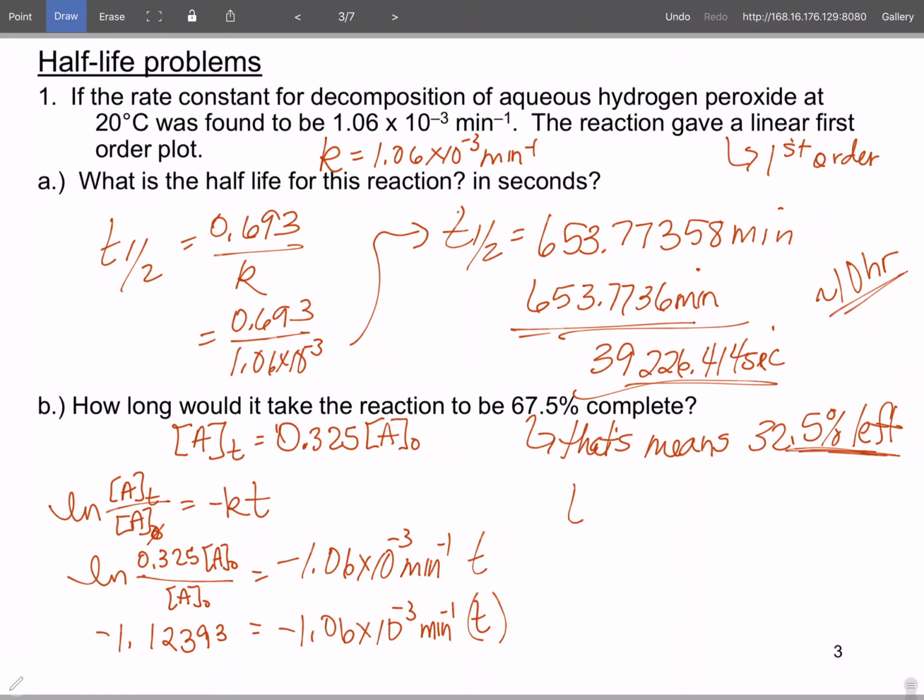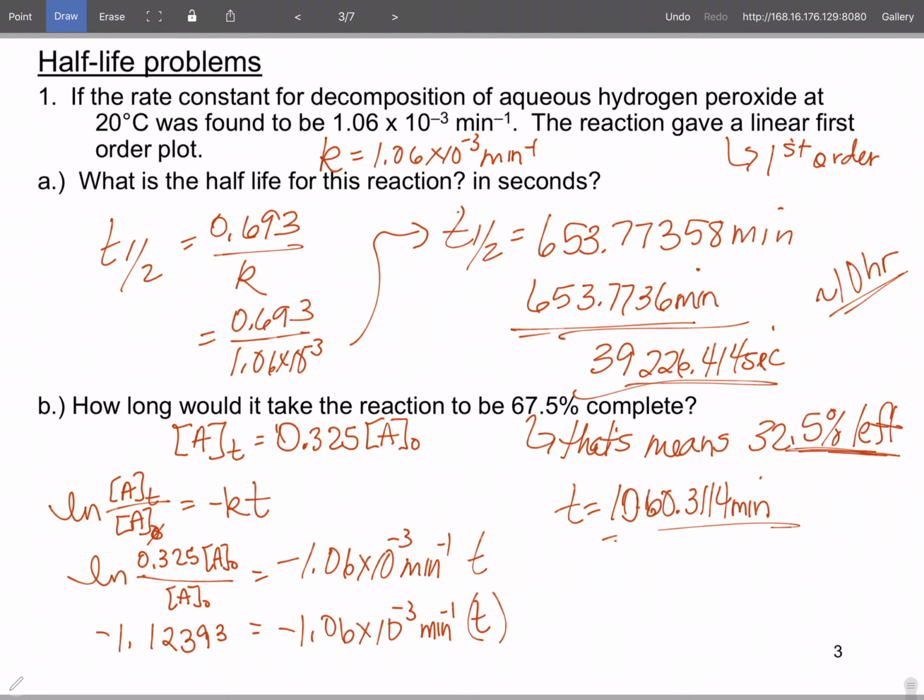So then we'll divide both sides by the negative K, and we end up with time is equal to 1060.3114 minutes. If you wanted to convert that, that's fine, leaving it right there.